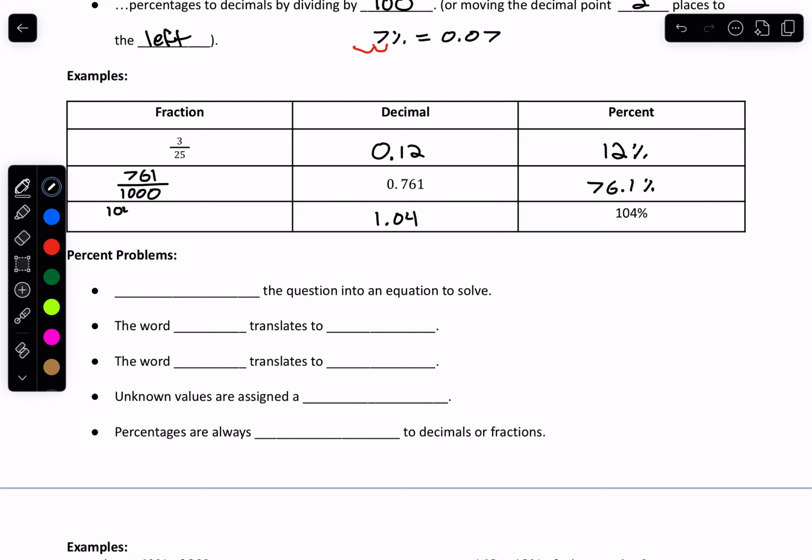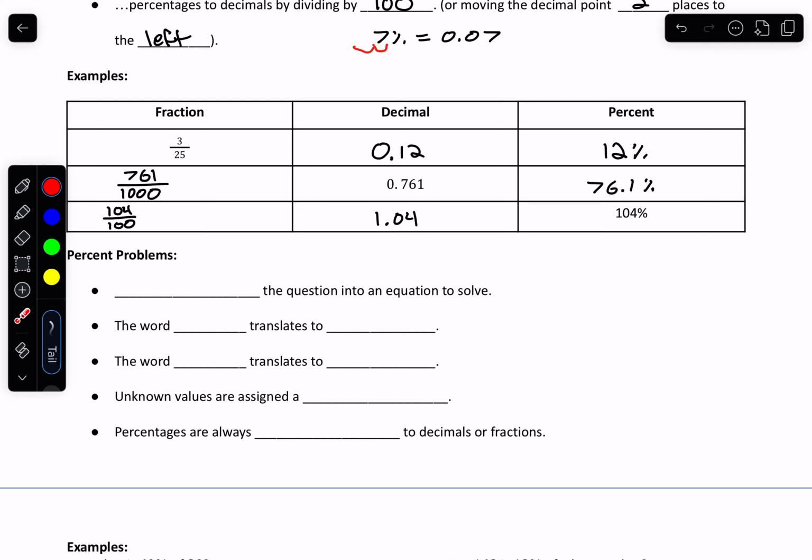So 104 divided by 100. We also could see that that's how we get to the fraction by taking the decimal and the digits 1, 0, and 4 we write on top. And then the 4 is in the hundredths place value, so 100 is my denominator.